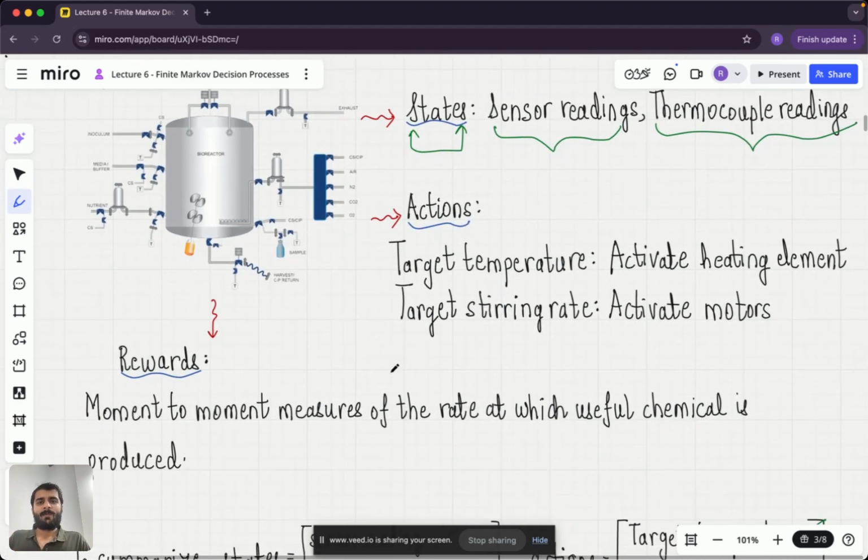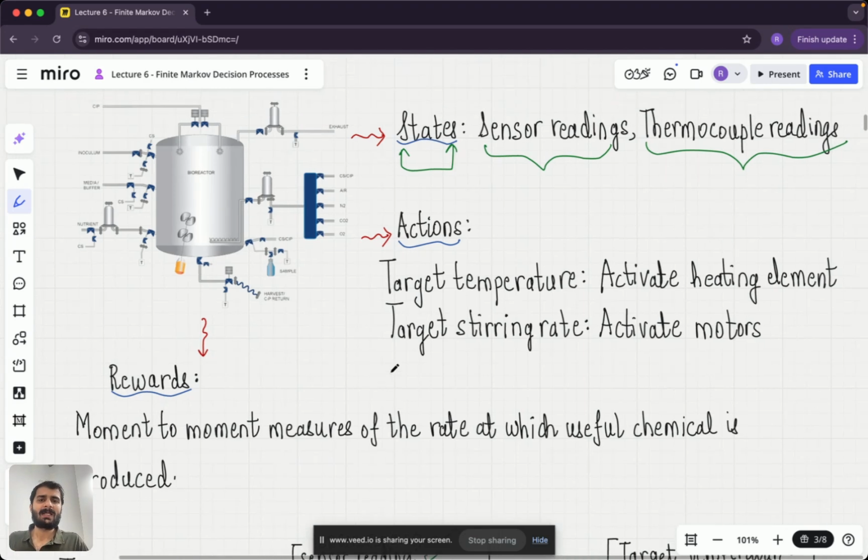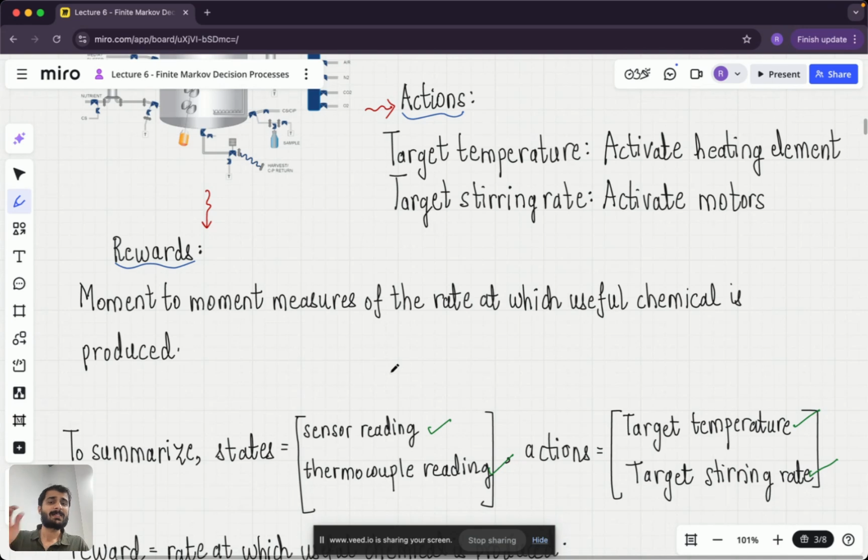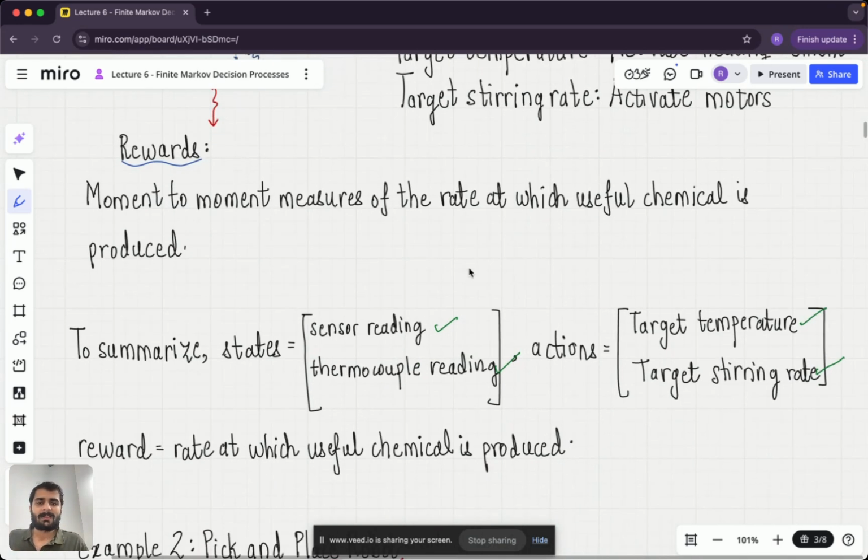The rewards are the moment to moment measures of the rate at which useful chemical is produced in the bioreactor. So you can see that states are vectors, but the reward is a single scalar. For example, the states can be written as this vector, where the first element of the vector is the sensor reading, and the second element of the vector is the thermocouple reading. And actions can be written as this vector, where the first element of the actions is the target temperature and the second element is the target stirring rate.